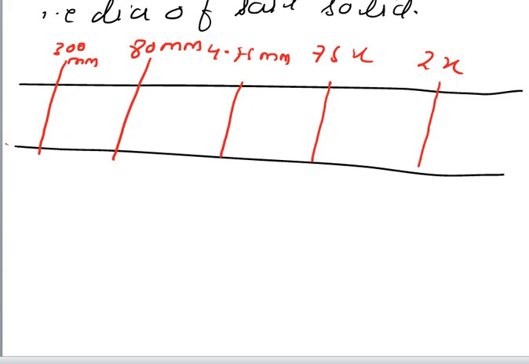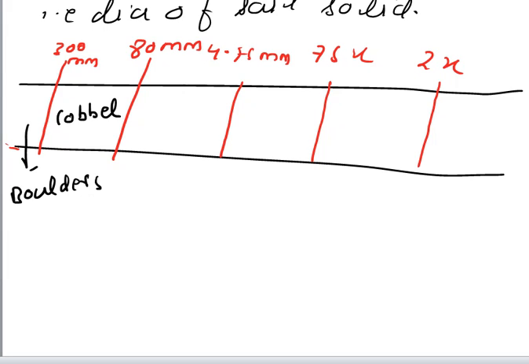These are the diameters. So the fraction of soil which lies in this range, that is, greater than 300 mm, is called boulders, meaning the larger soil particles. In the range 300 mm to 80 mm, it is cobble.